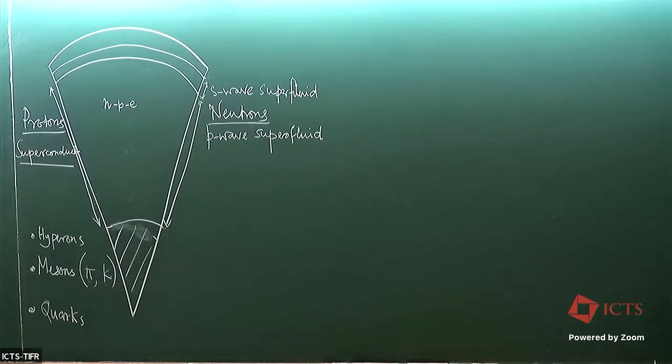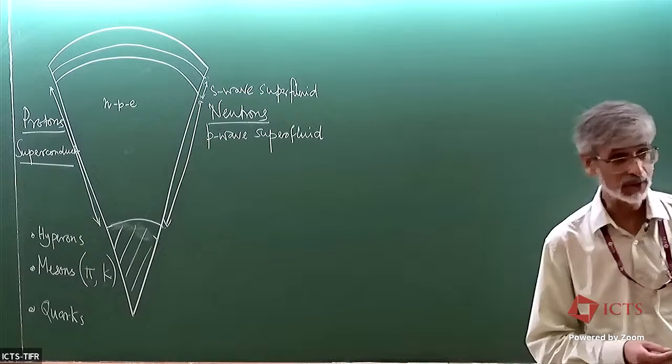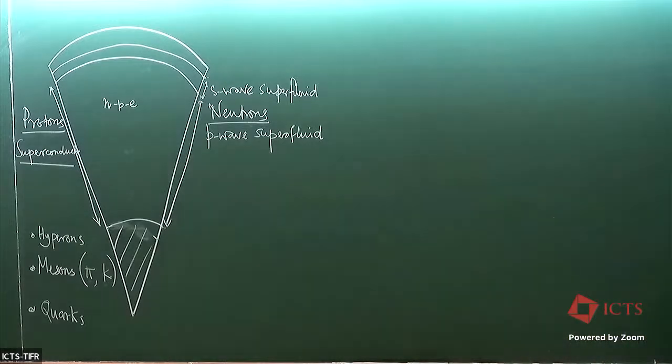Another thing the neutron stars have, which is also observed, is a strong magnetic field. The average magnetic field of a neutron star is about a teragauss at the surface, 10 to the power of 12 Gauss. And then there are neutron stars which have much stronger magnetic fields, going to a few times 10 to the power of 15 Gauss. We tend to call them magnetars.